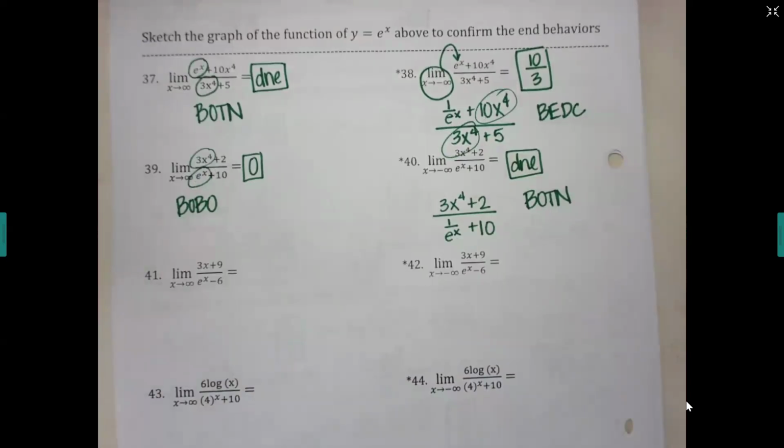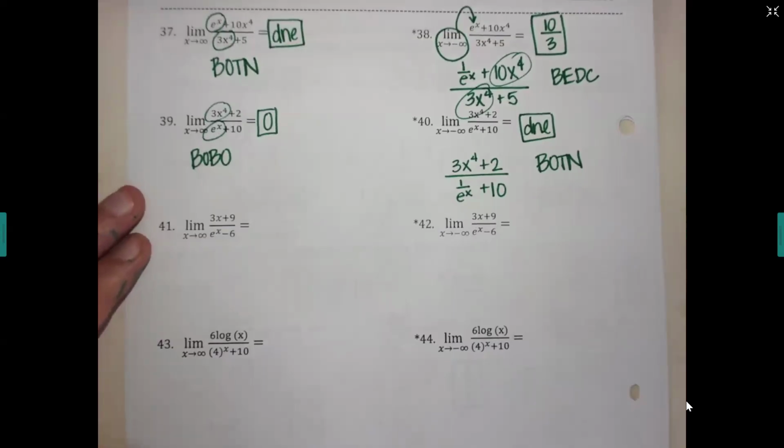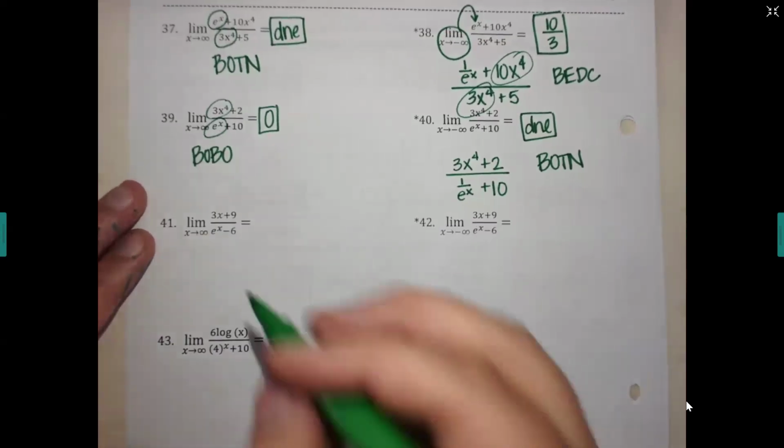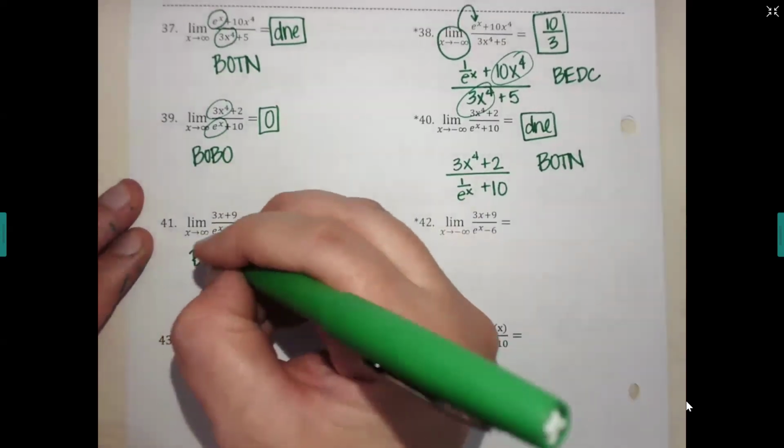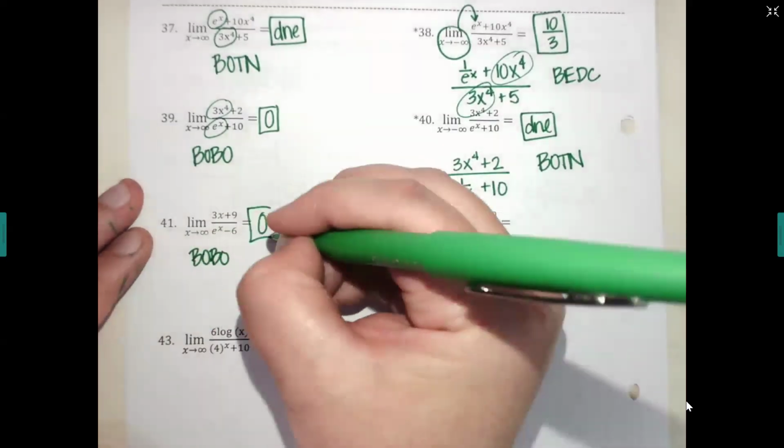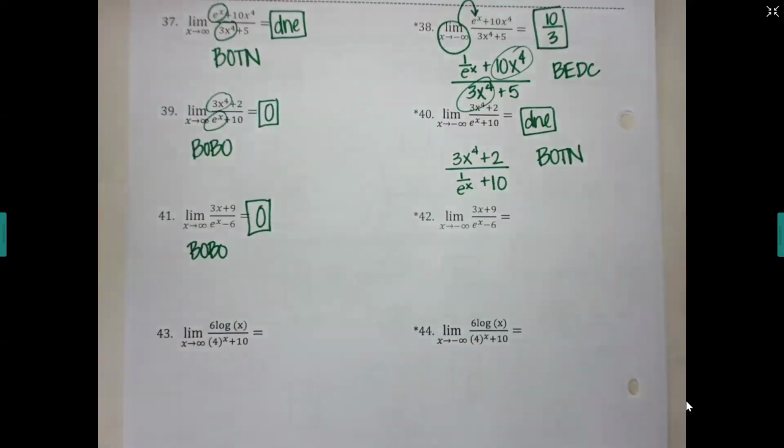Okay, next one. Bigger on top, bigger on bottom for 41. Good. That makes it a bobo goes to 0. Because remember, regular e to the x pretty much beats everything. Okay, but what about for 42?